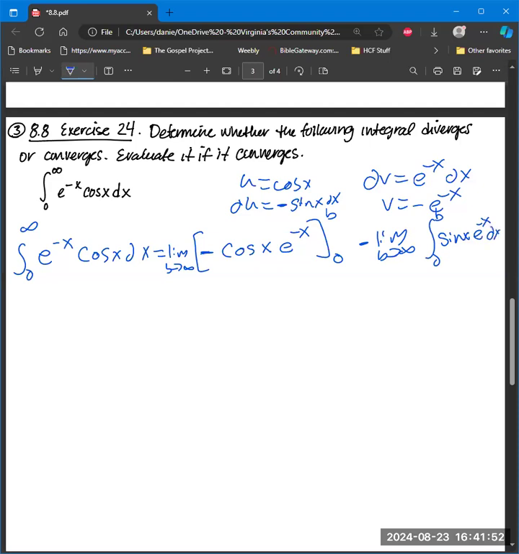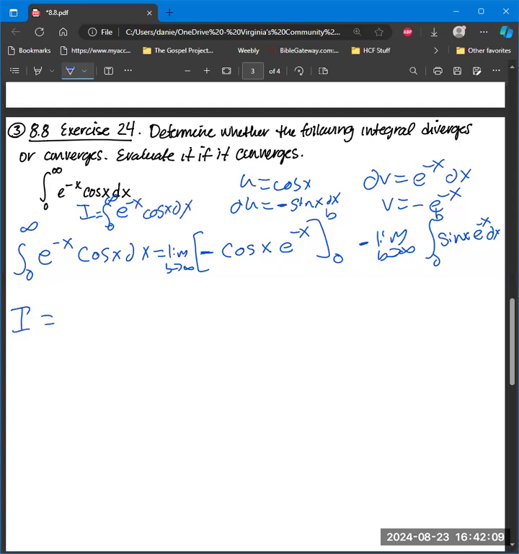Like that is, I'm going to let I equal the integral from 0 to infinity of e to the negative x cosine of x dx.